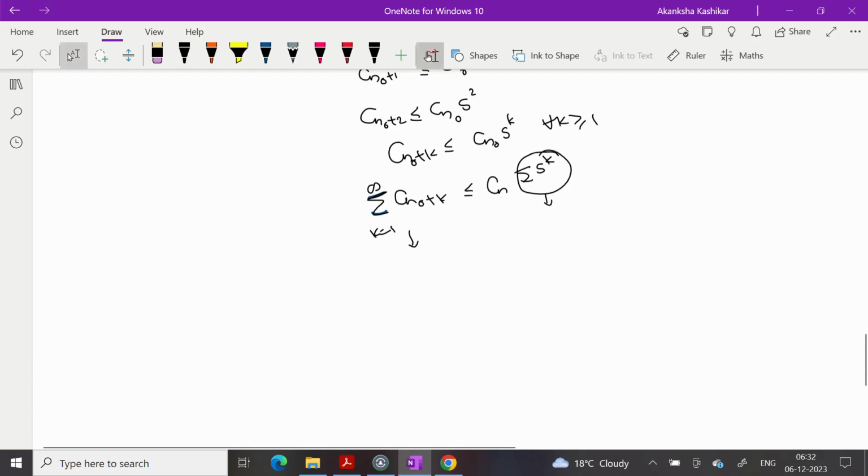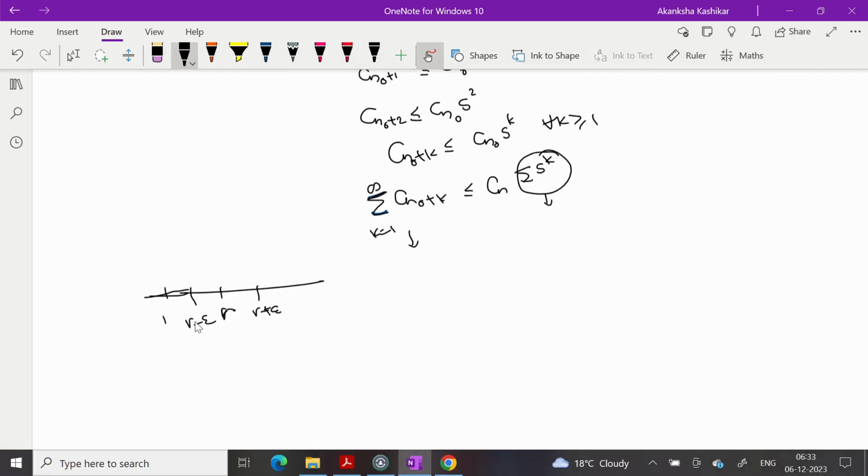Now what happens if r is greater than 1? If r is greater than 1, then r is somewhere here, 1 is somewhere here, so again I can find some interval r minus epsilon to r plus epsilon such that r minus epsilon is to the right of 1. Okay, we can always choose epsilon in that way.